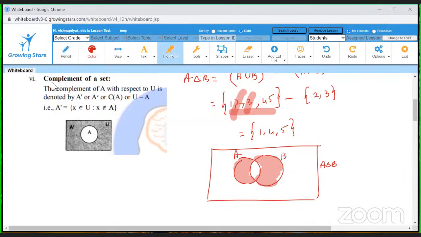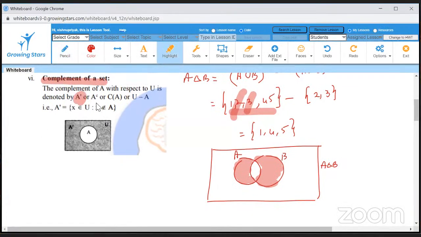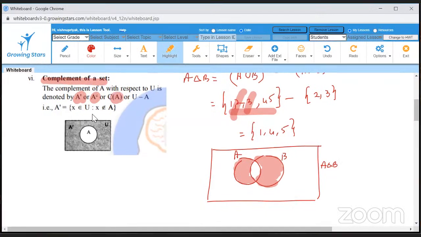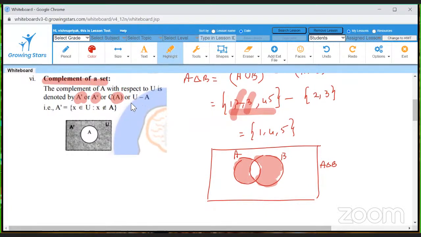The next is the complement of a set. What is the complement of a set? Complement of a set means A dash, or A C, or C of A, or U minus A. That means you will take elements from U, but you will not take elements from A. You will remove A. That is complement.